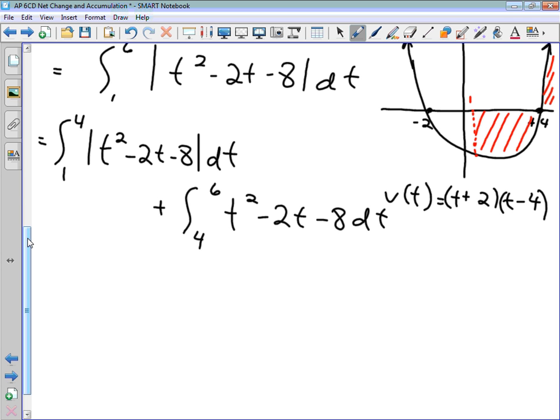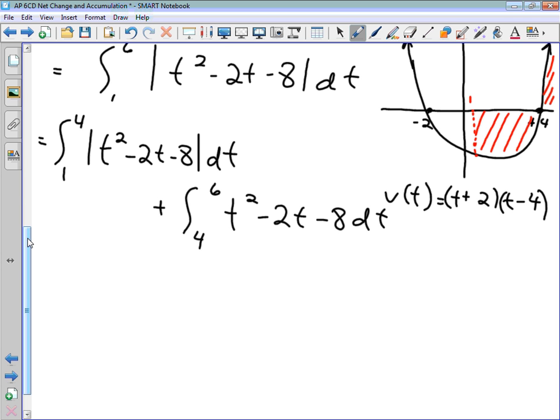Now, on this interval from 1 to 4, our velocity function is negative, so when we do this integral, we should come up with something that is negative. On our interval from 4 to 6, our velocity function is positive, so our integral should result in a positive answer. So it's this first one that will give a negative.